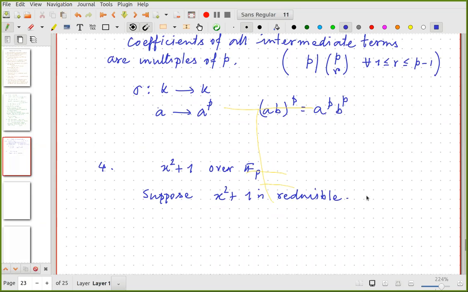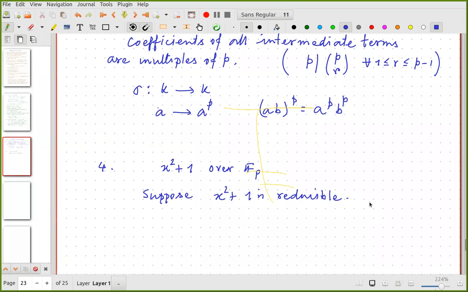As we argued previously for a degree 3 polynomial, it's going to be the same for degree 2: it has to have a linear factor, and therefore it has to have a root. It's true for both degree 2 and degree 3, but not for higher degree.